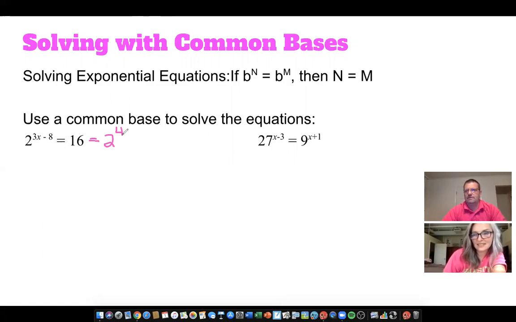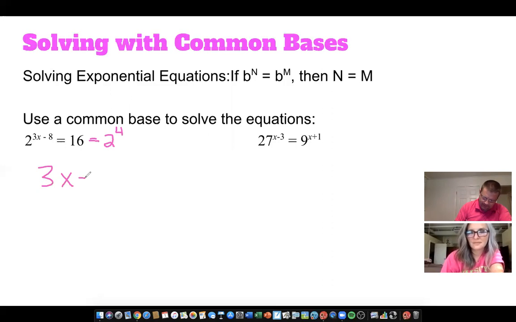And I know that because I got my little power chart going on here. And if the bases are the same, then all I got to do is set the exponents equal to each other. And this is super easy. 3x minus 8 equals 4.